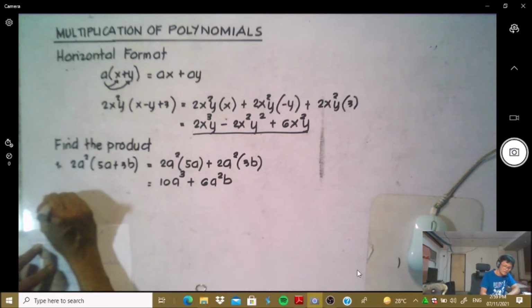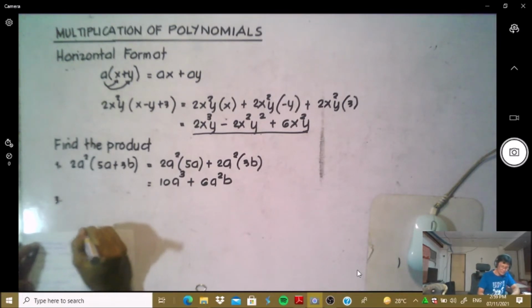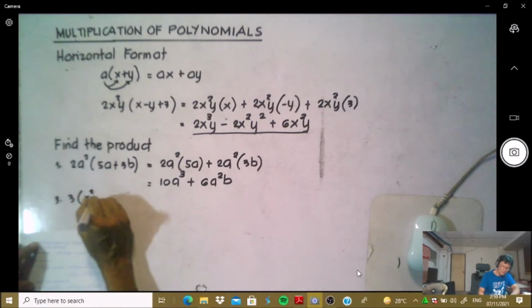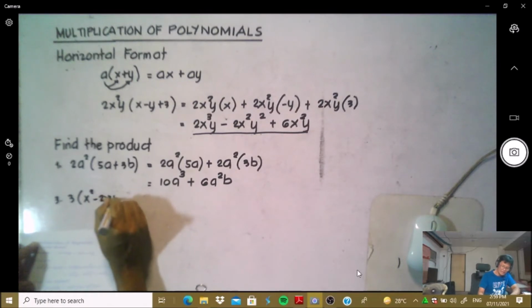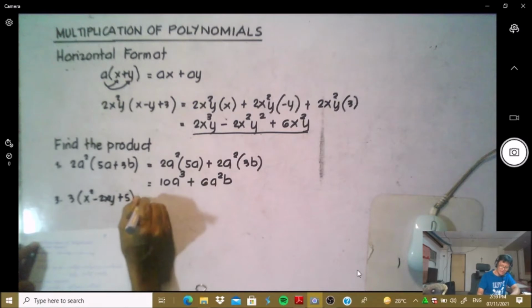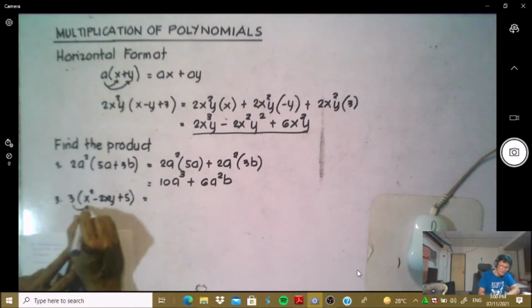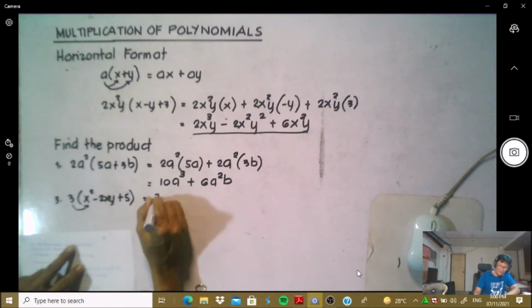Then for number 3, we have 3 multiplied by x squared minus 2xy plus 5. In a case like this, we can go directly. Just multiply 3 to x squared, so that becomes 3x squared.